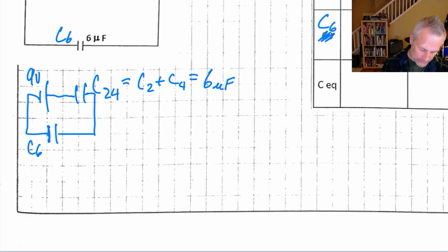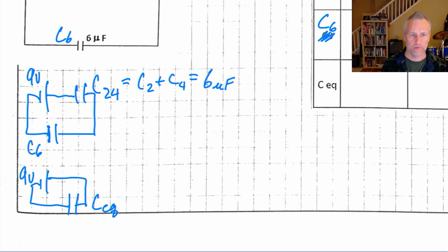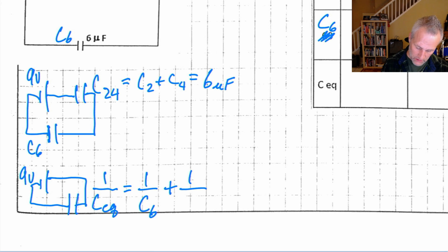Now I've got my 9 volts. And now I'm going to find one capacitor, CEQ. And for that one capacitor, now I have to use the series rule. The series rule is that 1 over the equivalent capacitance equals 1 over C6 plus 1 over C24, right? It is this one and this one together making the equivalent.